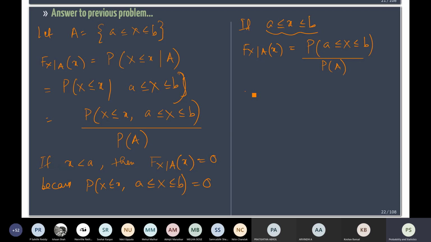that we know, and this probability we know using the CDF. I'm talking about X here.